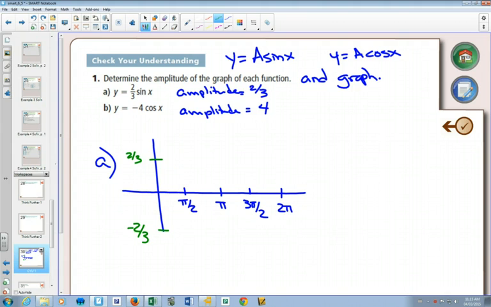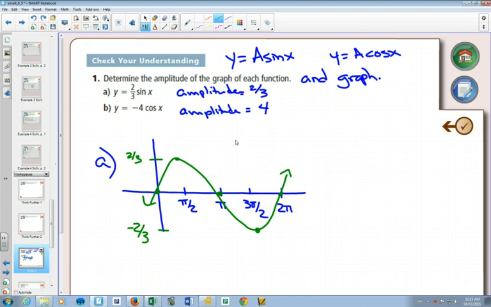Our sine graph always starts on the center line, then goes to a maximum, back down to the center line, down to the minimum, and back to the center line. And so here's a quick graph of y equals 2/3 sine x.